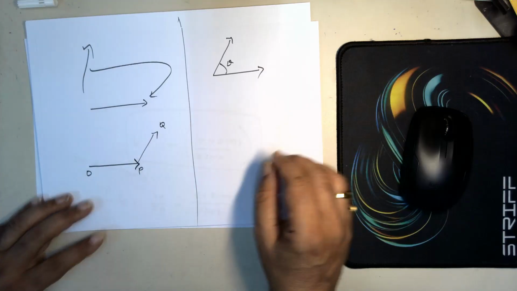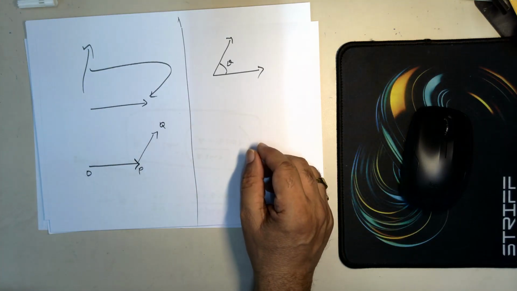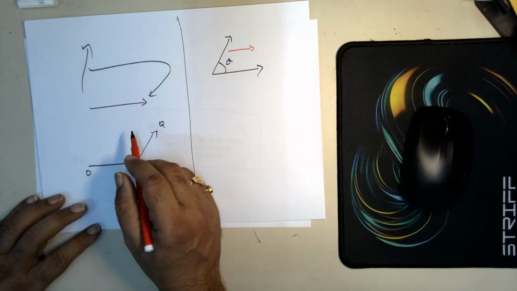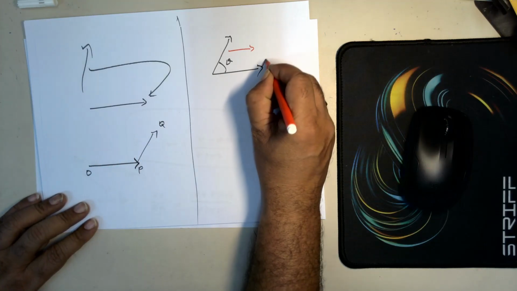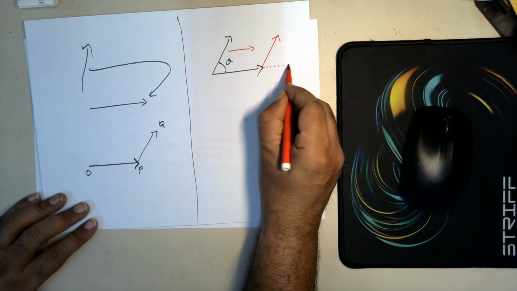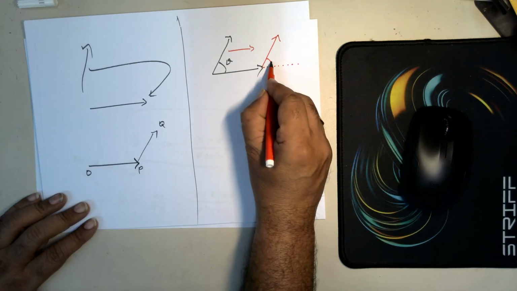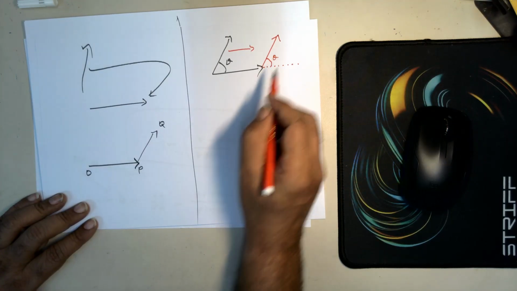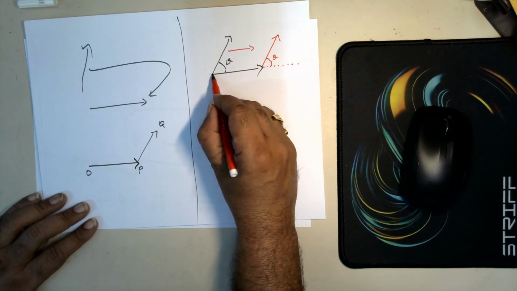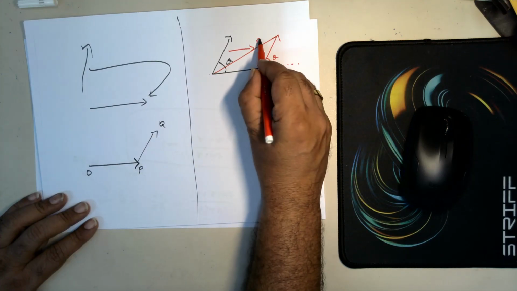I just keep moving this without changing the angle so that I can get the vector here, producing this vector, and it subtends an angle theta. Do you understand? So that we can fix it like this and find the resultant vector R here.